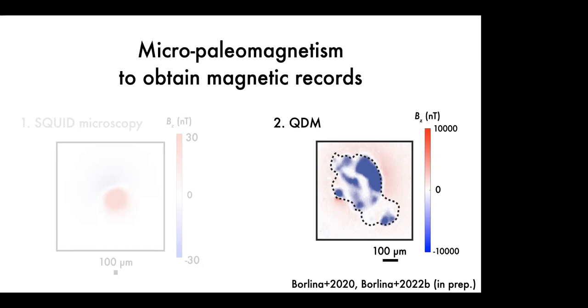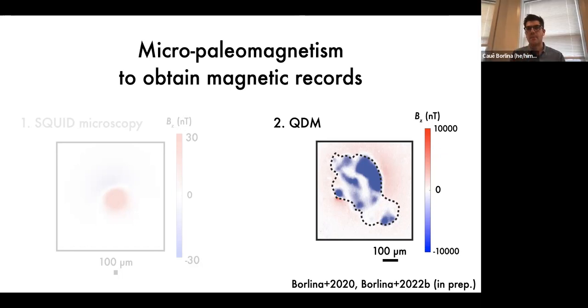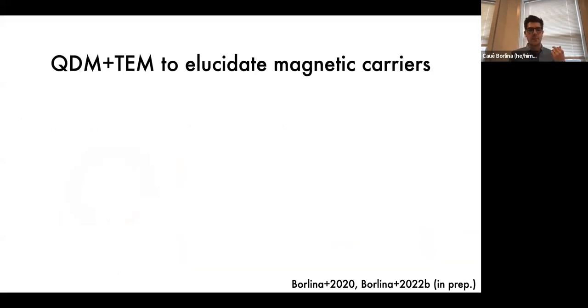And what we see with CAIs is very complex magnetism. There are lots of areas within the CAI that are magnetically alive. One thing that we can do with the QDM, and I've done this in the past for Earth rocks, the Jack Hills, is to combine the QDM with transmission electron microscopy.